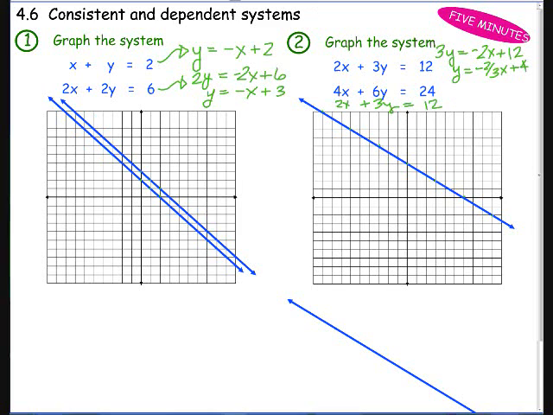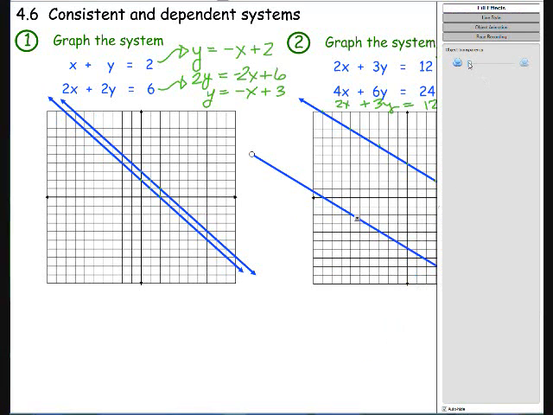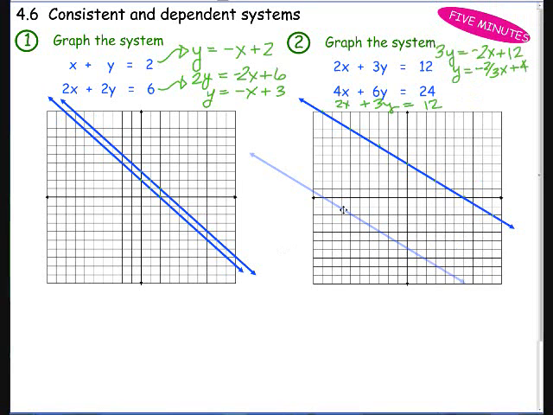So if I were to pull another line over, perhaps I should change it a little bit so we can see it's a different line. Pull this line over and put it right on there. It occupies exactly the same place.